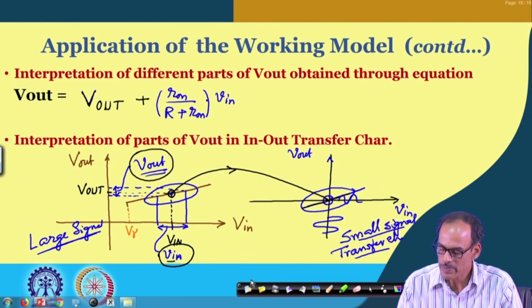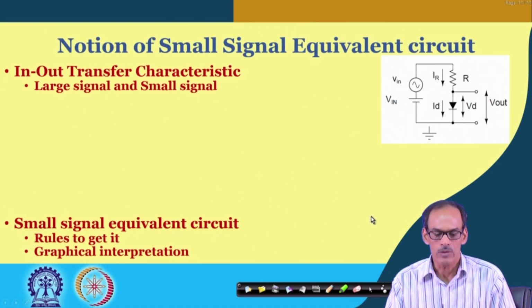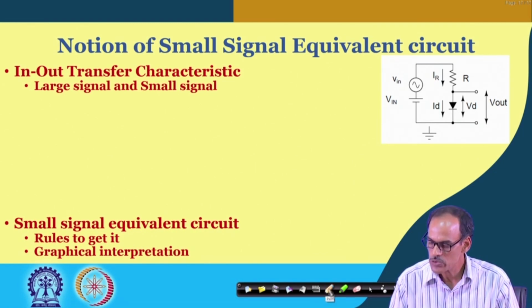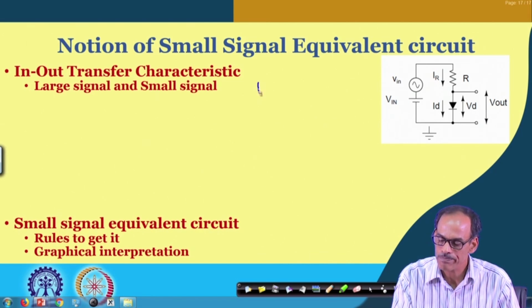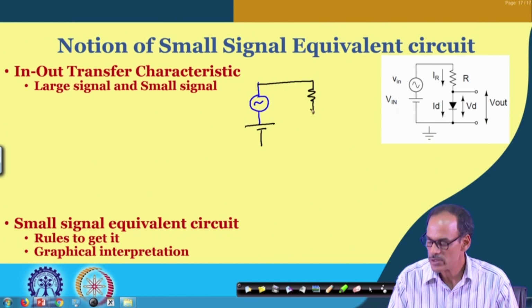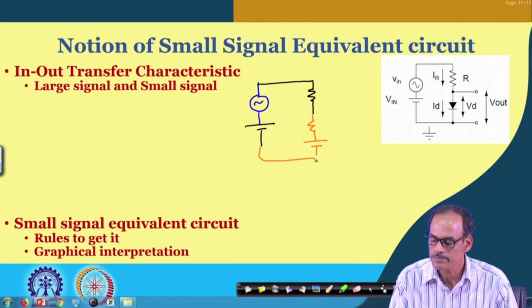So, let us see what is the simpler form. So, now we do have some notion called small signal equivalent circuit. So, to start with, we do have the signal in series with the DC part, and then we do have the resistor, we do have the diode part along with the cut in voltage, and then we are completing the circuit.